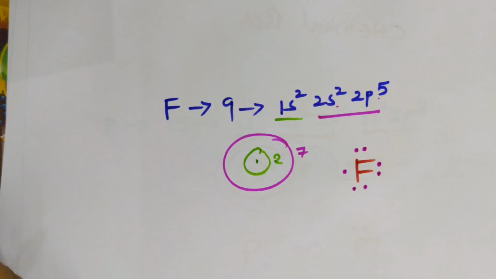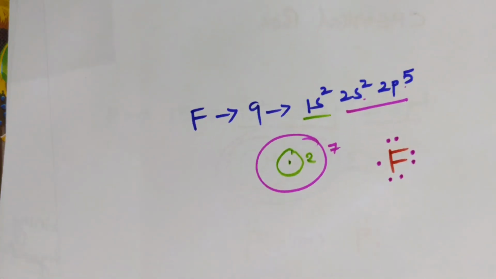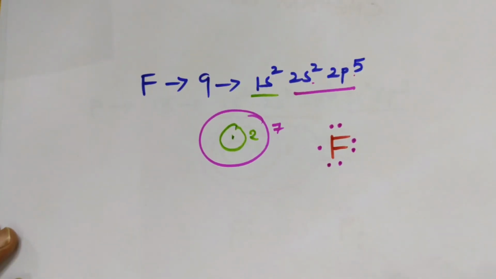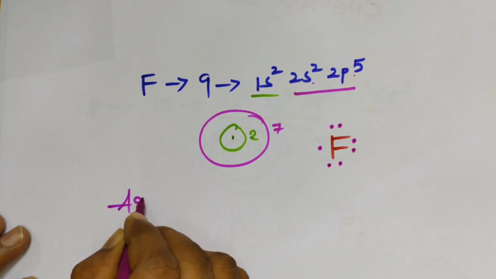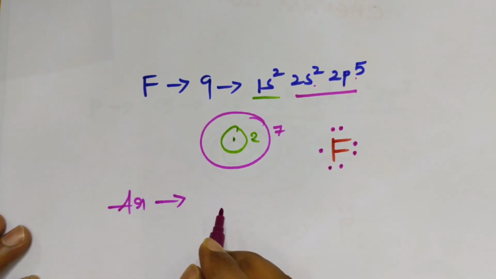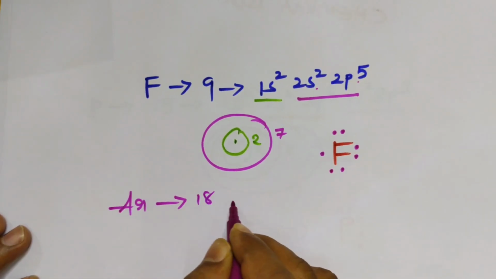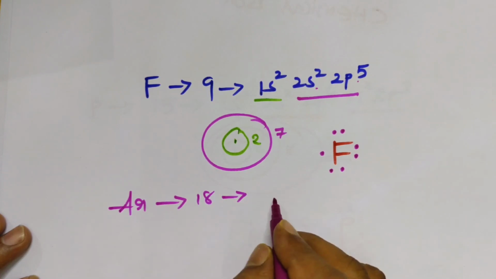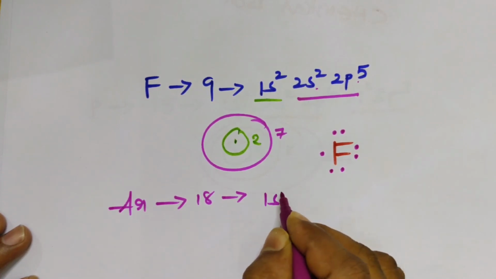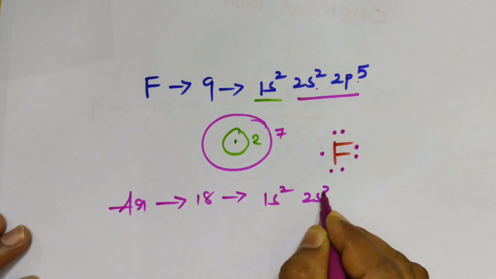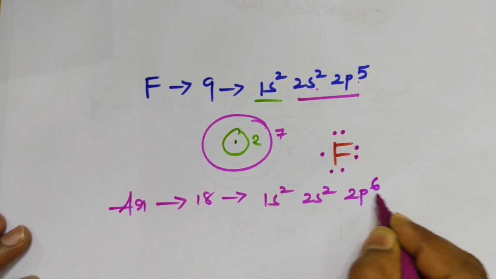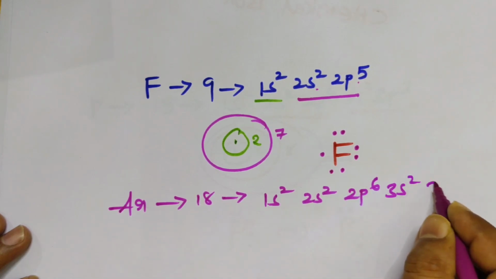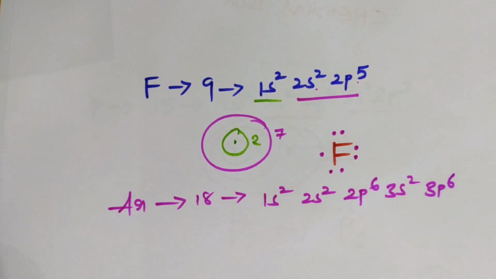Next, I want to draw the Lewis dot structure of argon. What is the atomic number of argon? Very good, 18. What is the electronic configuration? 1s2, 2s2, 2p6, 3s2, 3p6.